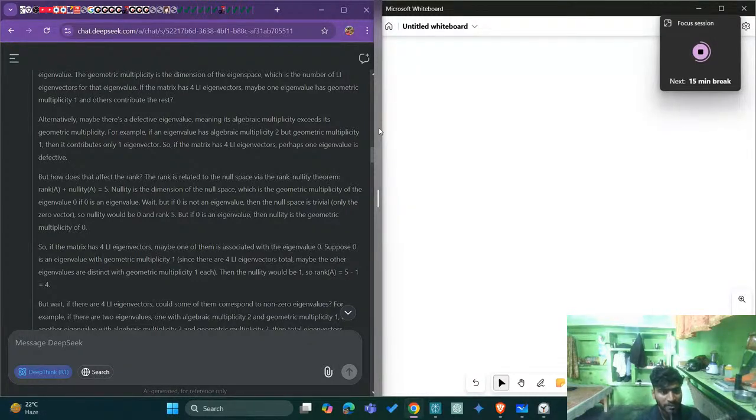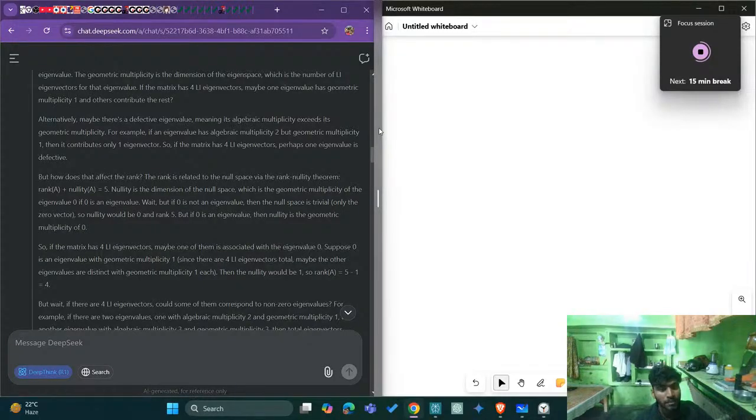If the matrix has four linearly independent eigenvectors, maybe one of them is associated with the eigenvalue zero. Suppose zero is an eigenvalue with geometric multiplicity 1. Since there are four linearly independent eigenvectors in total, maybe the other eigenvalues are distinct with geometric multiplicity 1 each.